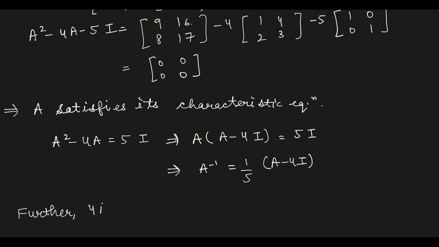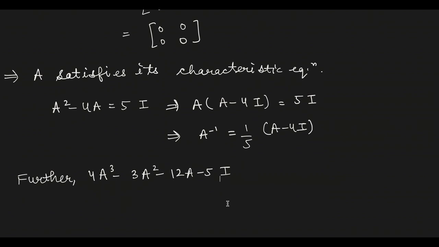Further I have 4A^3 - 3A^2 - 12A - 5I, that is 4A times A^2 - 3A^2 - 12A - 5I.